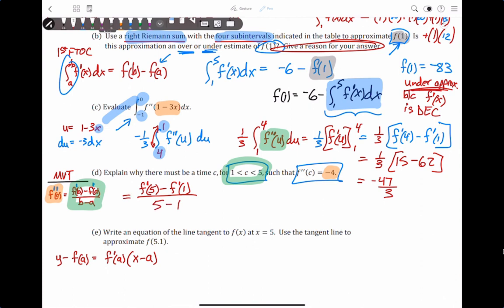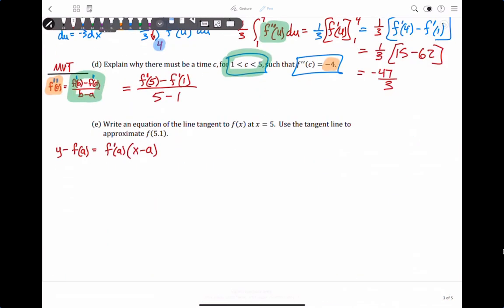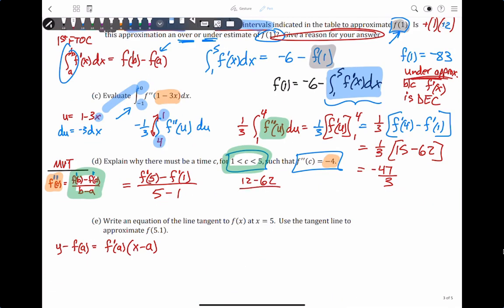Let's see what this gives us as an average rate of change between our endpoints. So f prime of 5 is 12, so we'll have 12 minus f prime of 1, which is 62, over 5 minus 1. All this is over this f double prime of C.